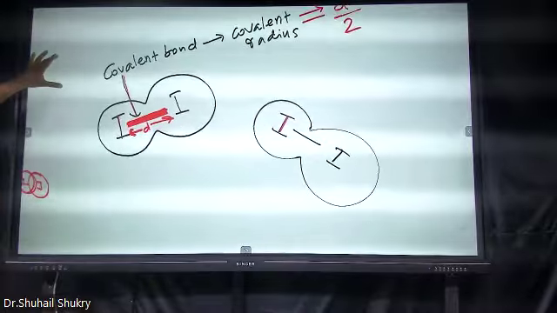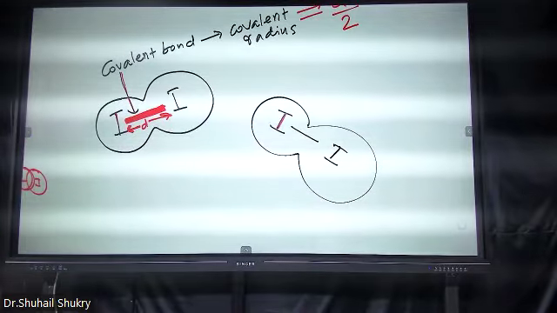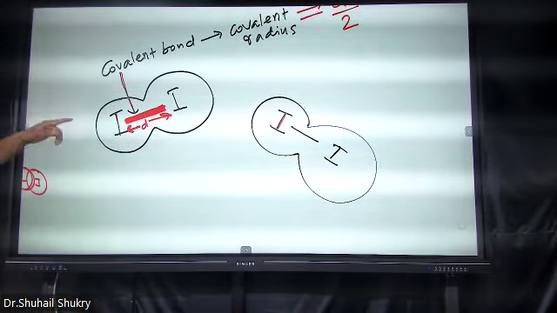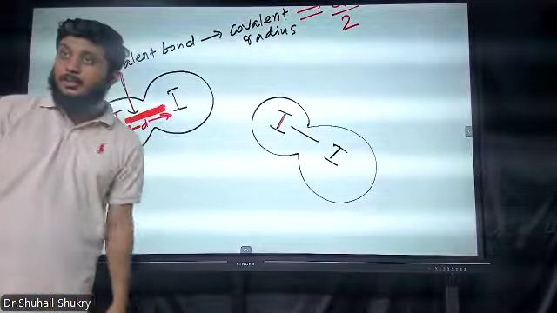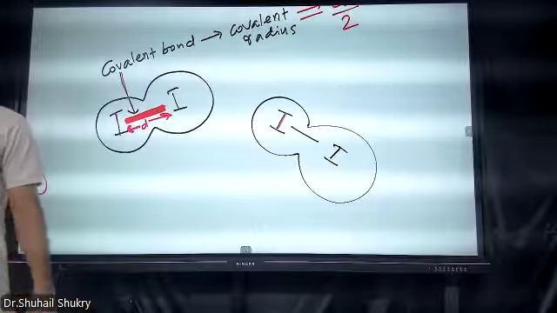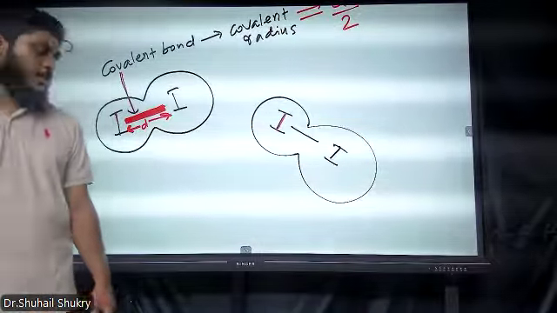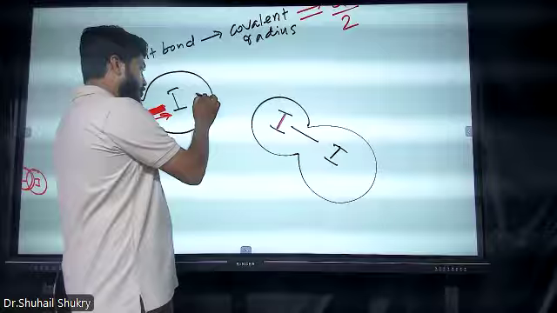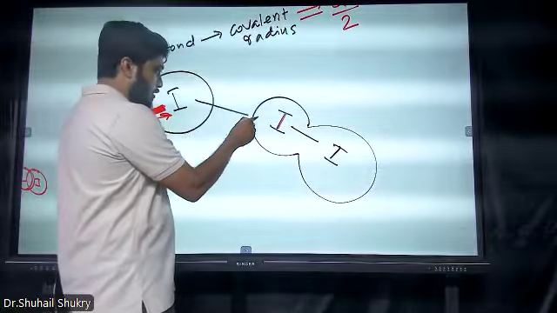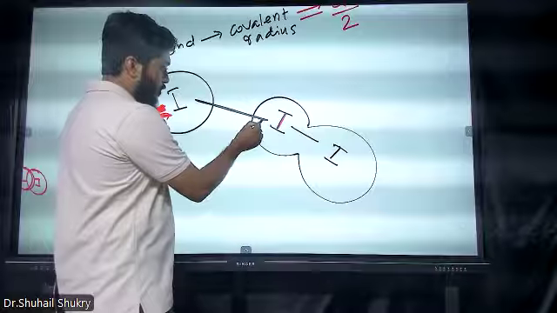Now, what is this van der Waals radius? Van der Waals means you have to consider different molecules, or maybe the same molecules. Between the same molecules, there is a connection between this and this, and this and this.